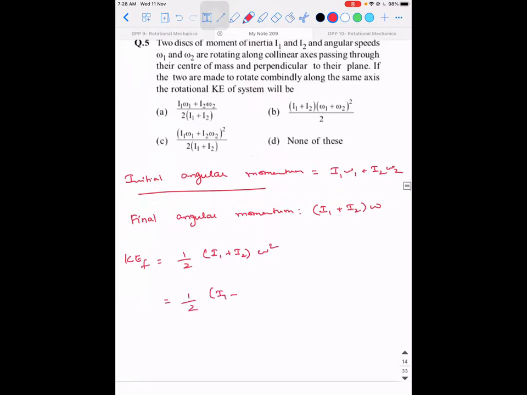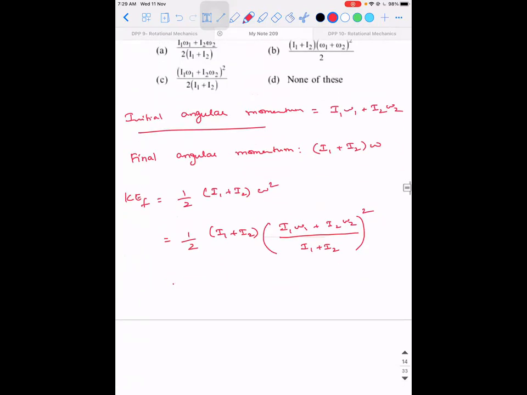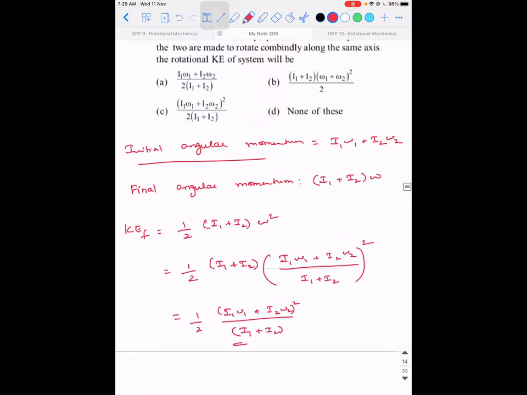What is the value of omega? It is I1 omega 1 plus I2 omega 2, the whole divided by I1 plus I2. So it will be half into I1 omega 1 plus I2 omega 2, the whole square, divided by I1 plus I2. Which option is this? Third. Clear, guys? Yes, sir.